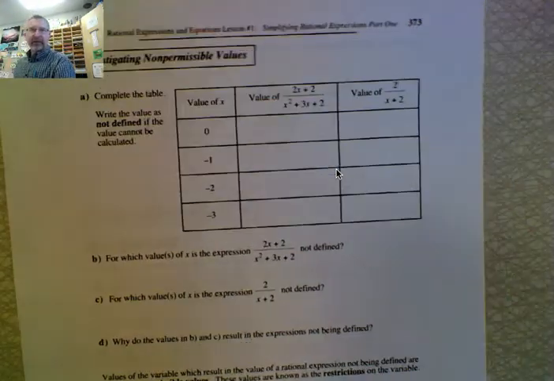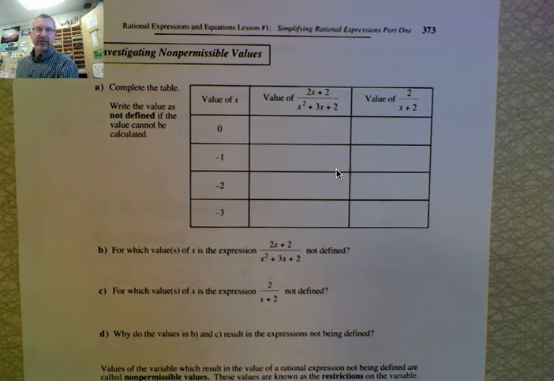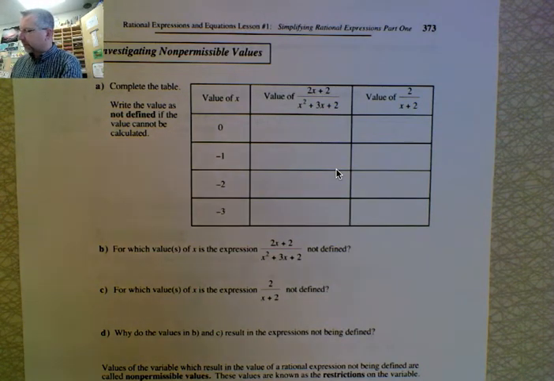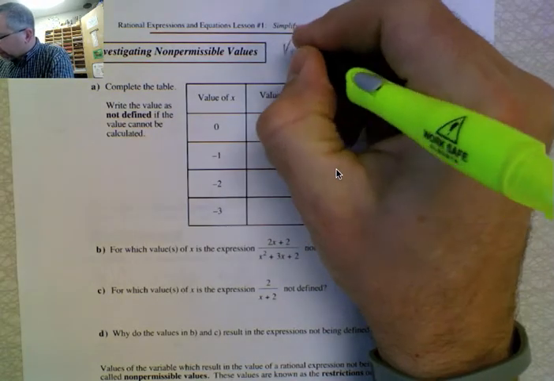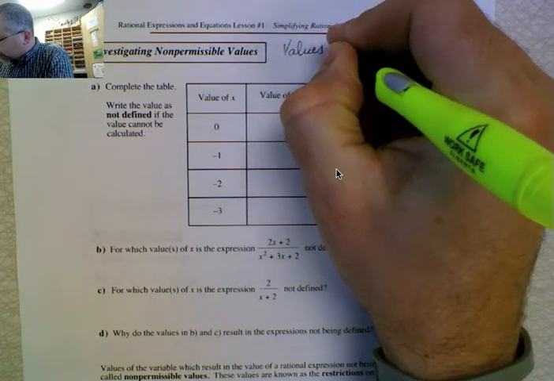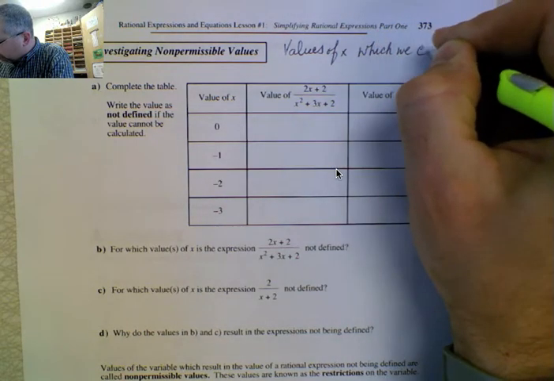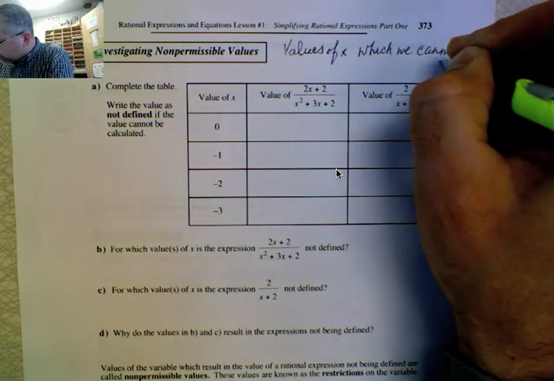Now, the other thing we have to look at in relation to rational expressions is something called non-permissible values. Basically, a non-permissible value is a value of x which we cannot use.